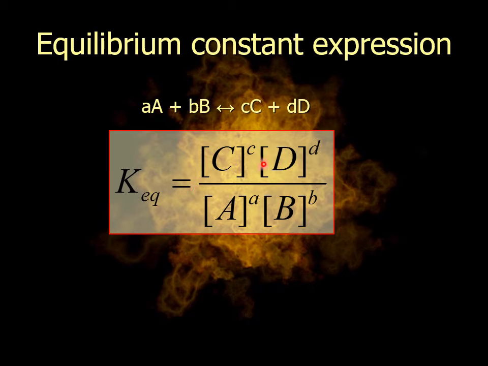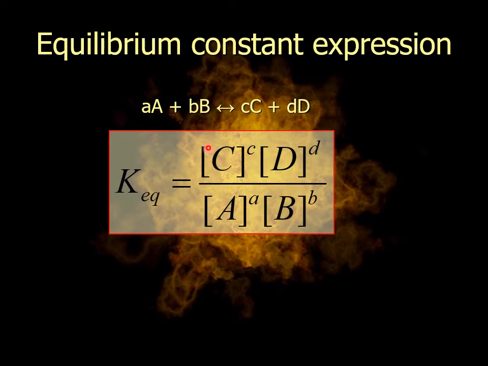And then we write this expression. So the concentration, in this case, we're going to be using molarity terms, but you're also able to use gas pressures as well. But we're going to focus on molarity in all our work. So the concentration or molarity of each component raised to the power of the coefficient in the balanced equation.